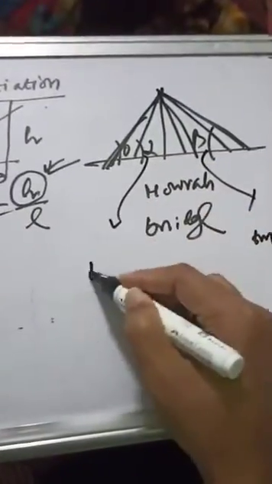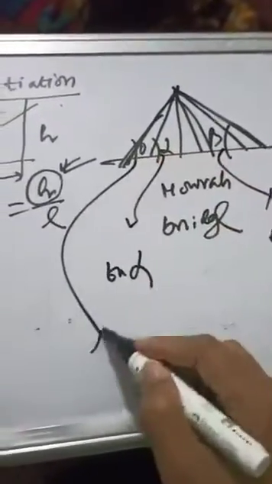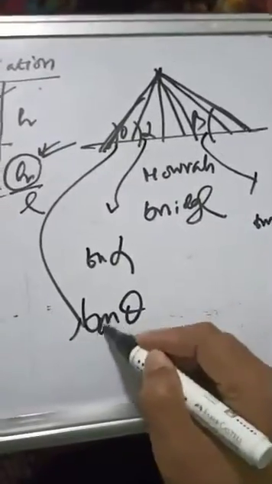Here slope tan beta, here slope tan alpha, here slope tan theta, right? So our main aim is to find the slope. What is our main aim? Our main aim is to find the slope.